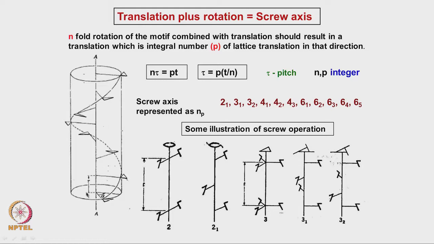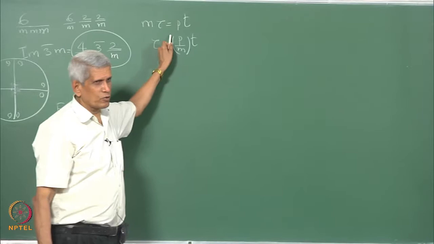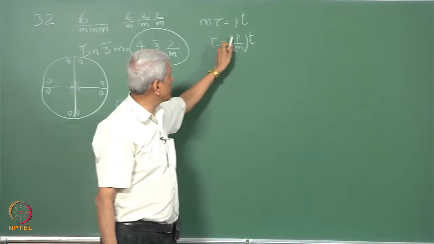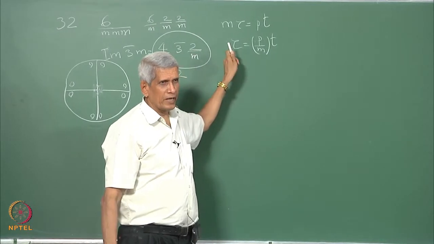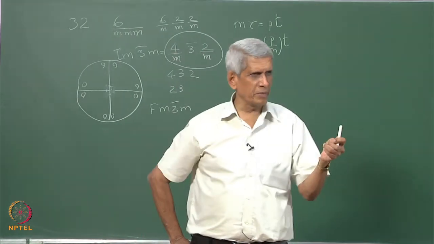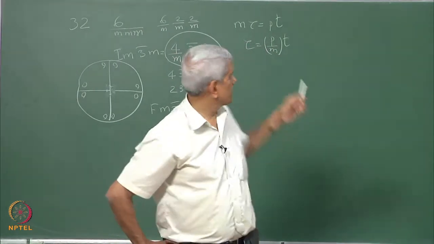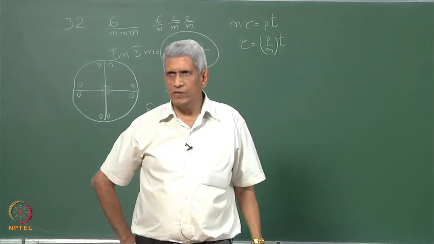Suppose that happens from here to here, what will happen to the pitch? Pitch has to be doubled, correct? Then only such a translation can occur. That is what this expression also tells. After 2 translation vectors if it has to happen, then p will be 2 and then divided by m, which is the number of rotations, that is the rotational symmetry in that direction. Then we can find out what is going to be the value of tau. Is this clear?